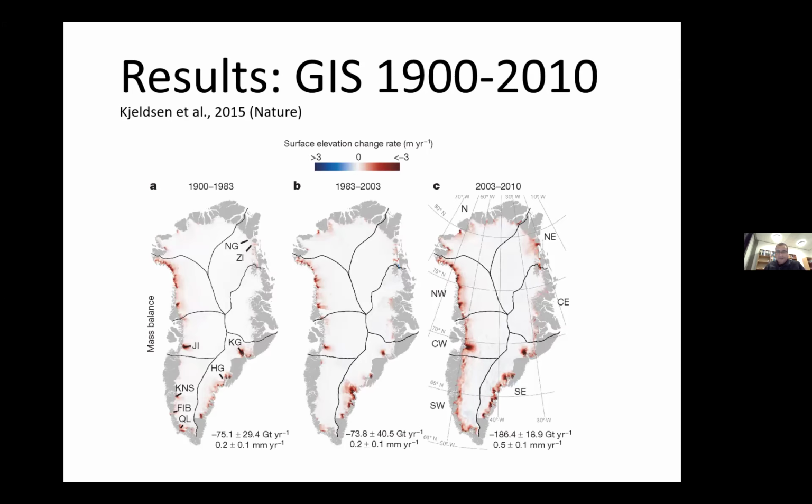And as you can see at the bottom here, we are talking about 75 gigaton per year, and then the number increases to approximately 180 gigaton from 2003 to 2010.